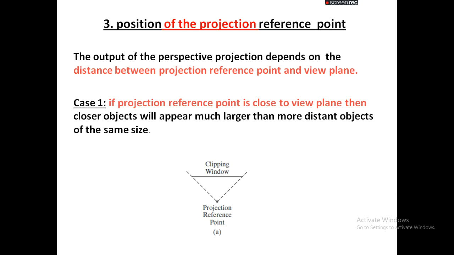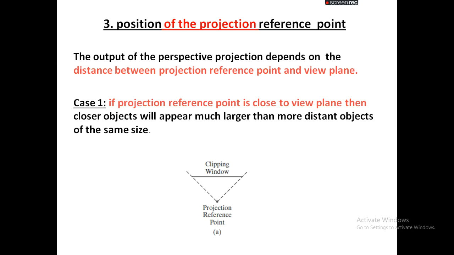So how it differs, we will see in the various cases. Please remember, whatever image you project on the projection plane depends on the distance between the object and the camera in a real camera. But in a synthetic camera, the size of the object displayed on the projection plane mainly depends on the distance between the projection reference point and the view plane.